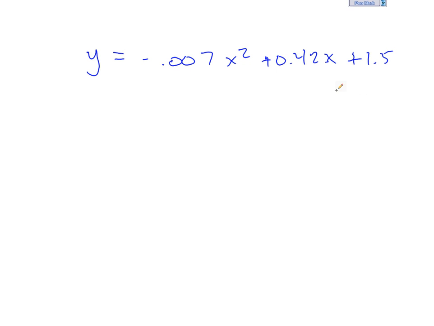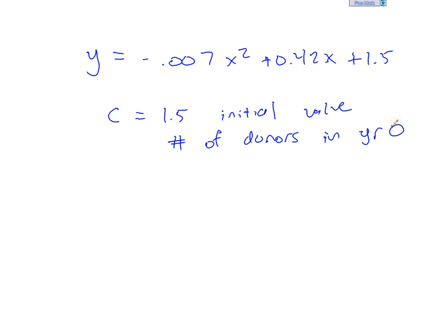So briefly, to explain the details of this information, if we were to interpret these values, we know that C equals 1.5, which is the initial value, which in this case is the number of donors in the initial year. The value of B is the initial rate of change.